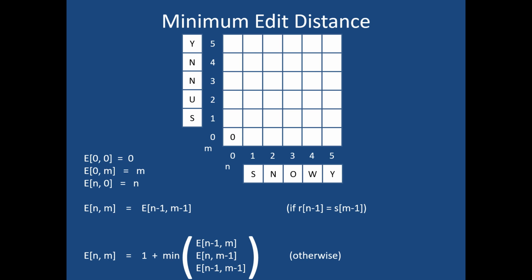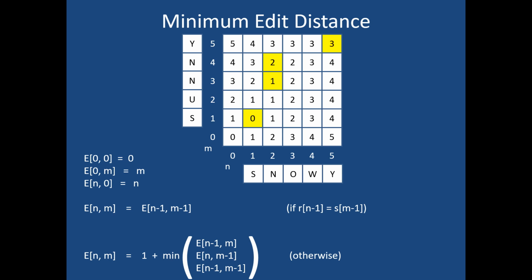We deal with the base cases first, so we fill in the first row and the first column according to those base cases. Then it's just a matter of filling in each box according to these two rules. We use this rule when the box is yellow, because that is when corresponding letters are the same. And for the non-yellow boxes we use this more complicated rule, where we have to choose between three edits. The bottom line is you just fill it out row by row.